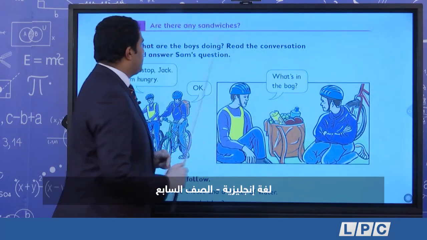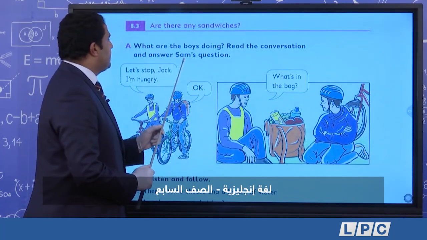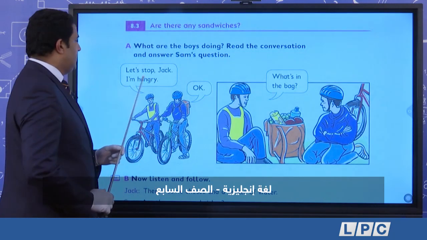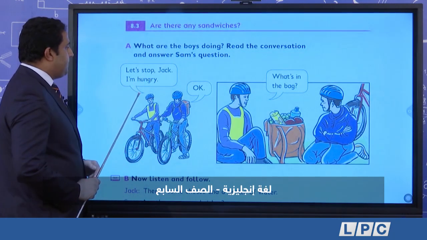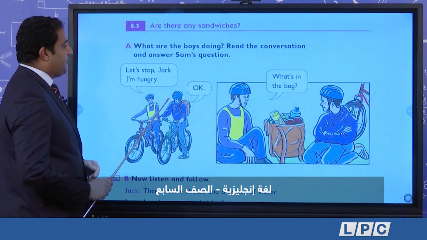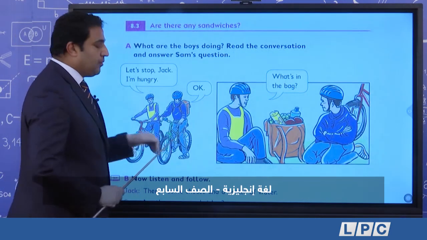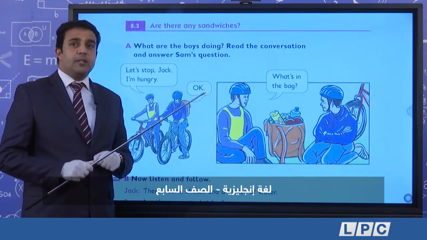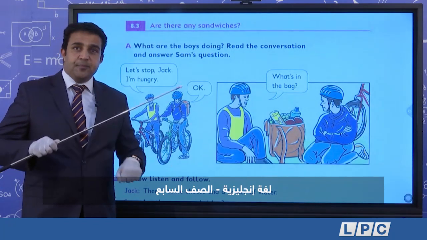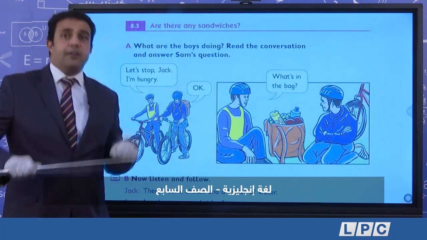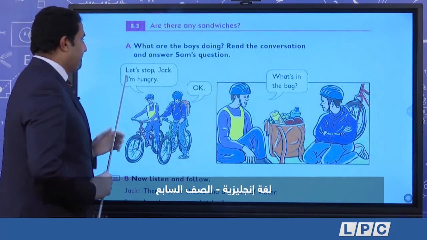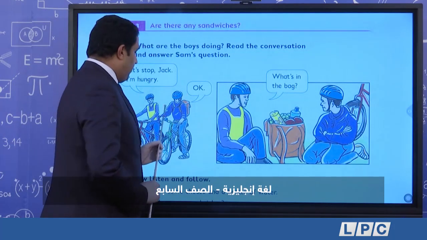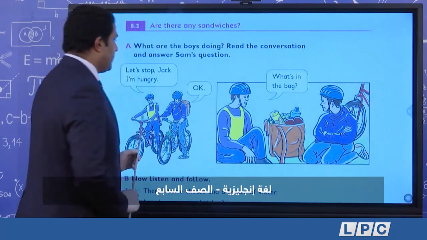Okay. What are the boys doing? Read the conversation and answer Sam's question. So this is Sam, and this is his friend. What are they doing? They are cycling. Very good. So we have here two pictures.